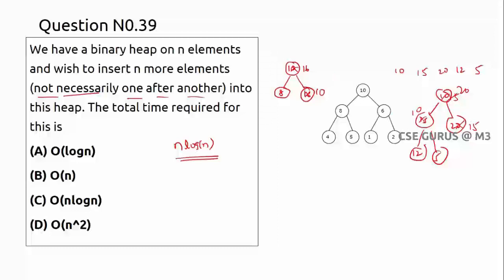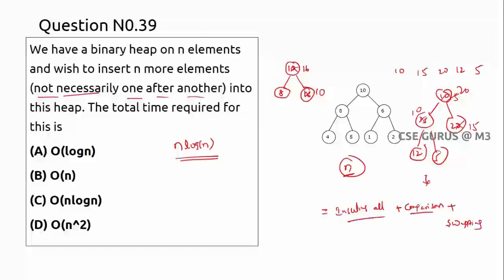So for this, I can have n comparisons. I'll write here clearly. When I go like this, what happens? Inserting all the n elements first, then comparison, then swapping whenever required.